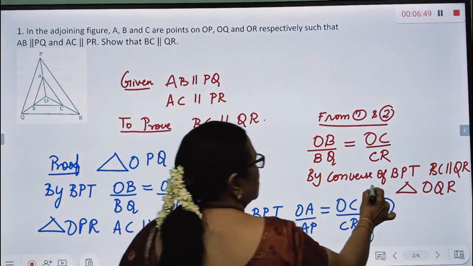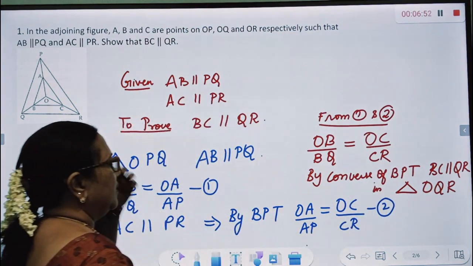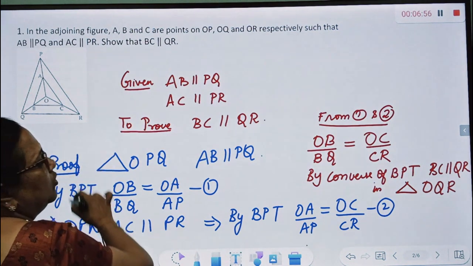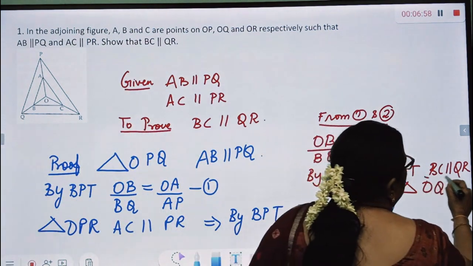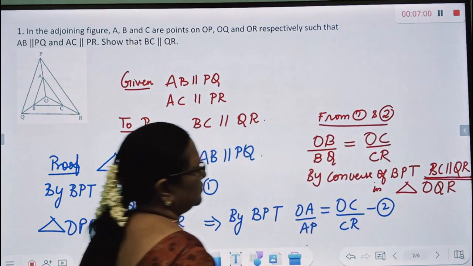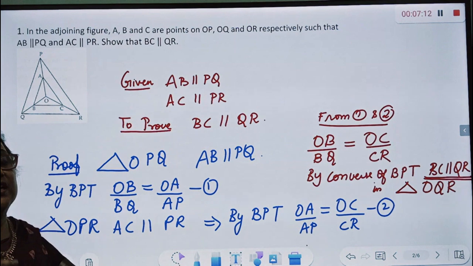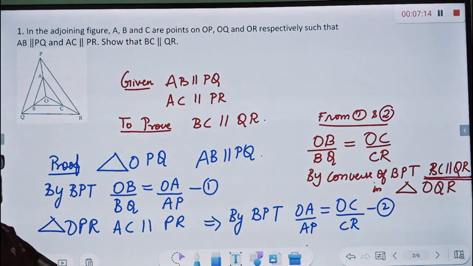So apply converse of BPT, you get BC is parallel to QR. So you should know how to use the theorem and where to use the theorem. When you are given a particular problem, first you must identify what is the concept that this problem is based on. Because it is talking about parallel lines and triangles, one of the possibilities is the basic proportionality theorem.